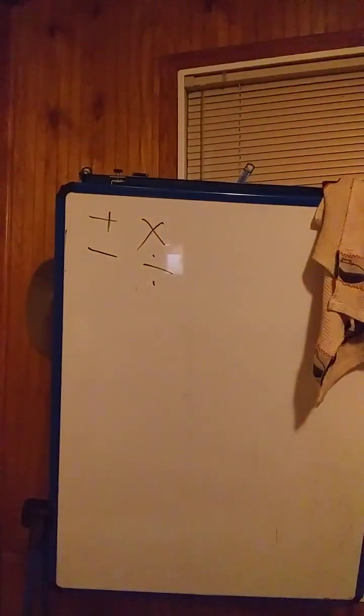Now, we have the full throttle engine. We have all four: addition, subtraction, multiplication, and division.